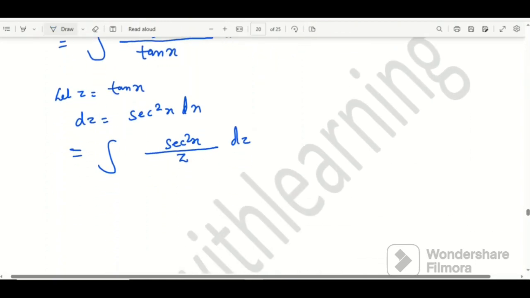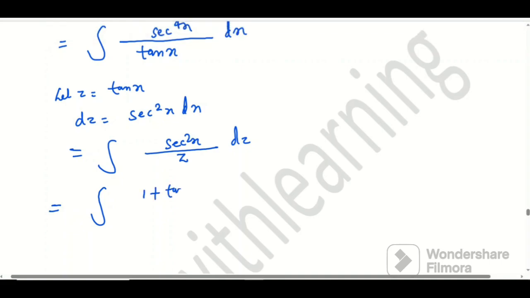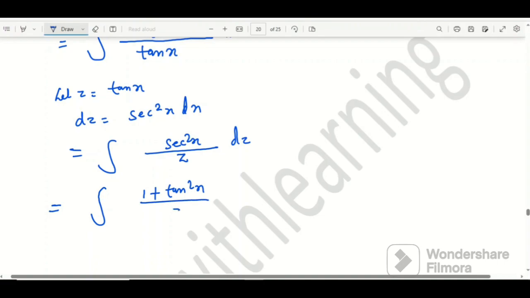But this integration is in terms of z, so I'll replace sec square by z. Sec square minus tan square theta equals 1. So I'll write sec square equals 1 plus tan square x, upon z dz. So it will be 1 plus, and we'll replace tan x by z, so it will be z square.